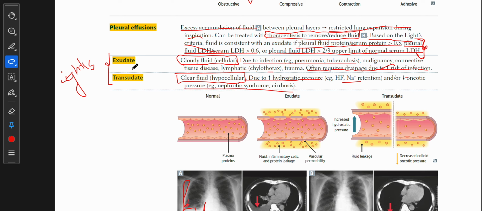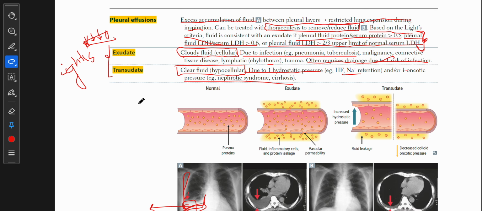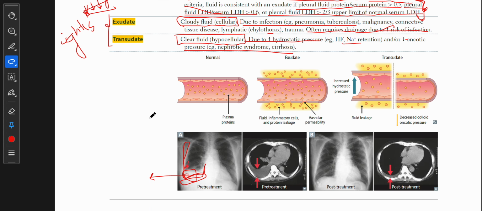So basically in exudate there is loss of capillary membrane integrity. So the patency of the capillary membrane is lost, and there are spaces between these capillary endothelial cells, and that will lead to the leakage of fluid causing exudate. But in transudate there is either an increase in hydrostatic pressure or decrease in oncotic pressure, and also lymphatic obstruction can occur.